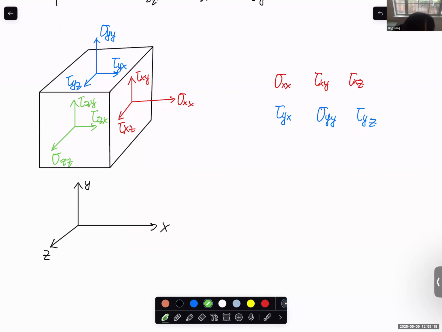So on the z plane, I put the three components here: tau zx, tau zy, sigma zz. Now, these nine components can completely define the state of stress at a point.